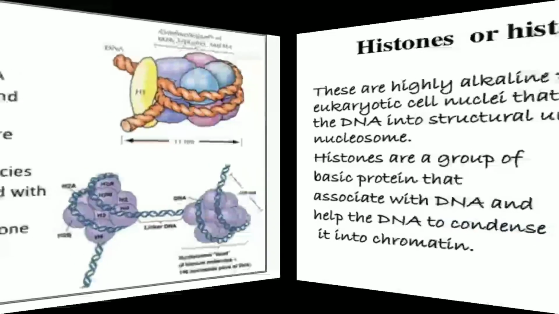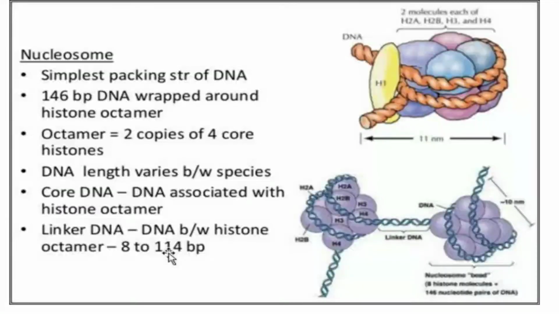Now, DNA is wrapped around the histone octamer of the nucleosome in a left-handed helix, forming 1.75 turns. It forms about one complete turn and another 3/4 turn, which comprises 1.75 turns. DNA also extends as a continuous thread from nucleosome to nucleosome.